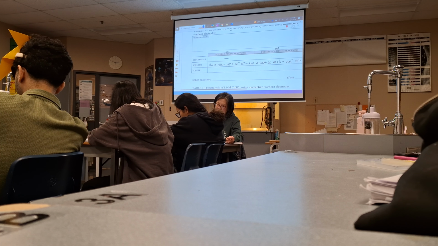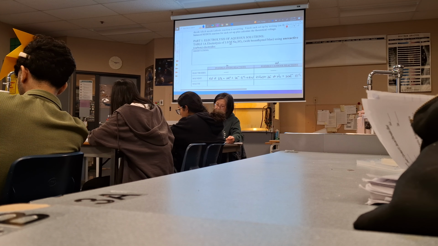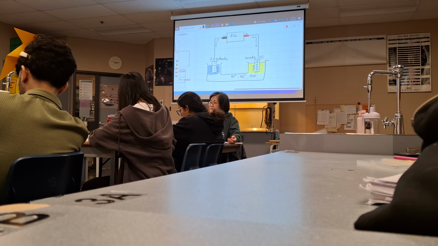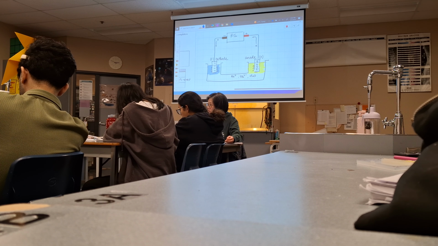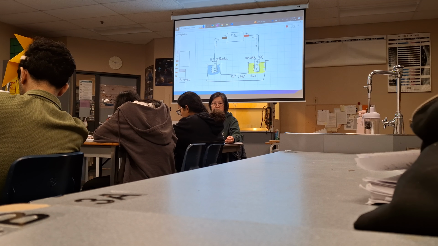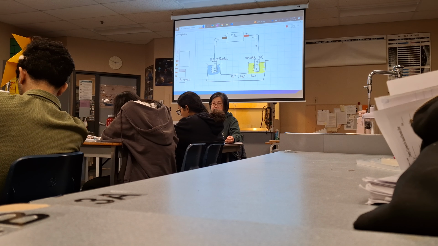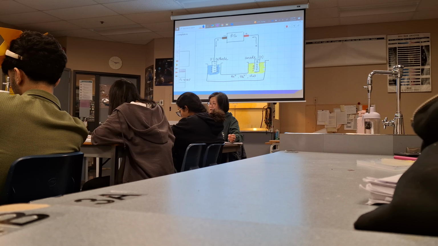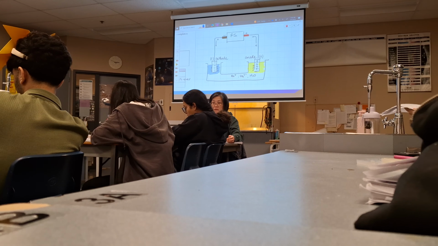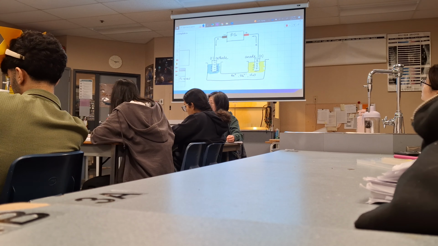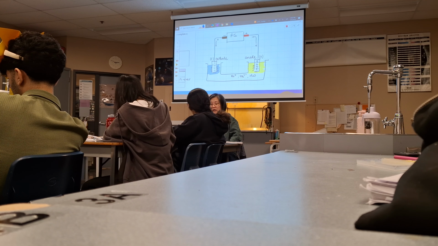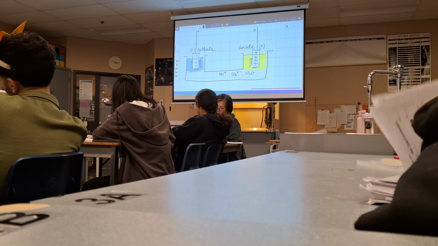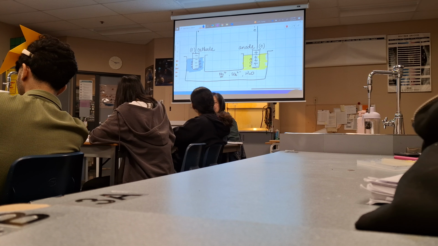Okay, so now if I take a look at the solute, what is the identity of my solute? Na2SO4. So in this case over here, is Na going to get oxidized or reduced?